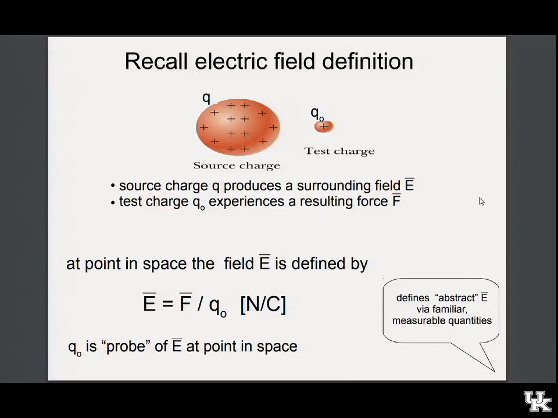I define the electrical field, E, in terms of the test charge's charge, that's the Q naught, and the force the test charge experiences. So these are two measurable, observable, concrete things: the charge of this test charge, and the force on this test charge. Together I use those to define the electrical field at the location of the test charge. It's really how I see the electrical field at this location. So that's how we define the electrical field.